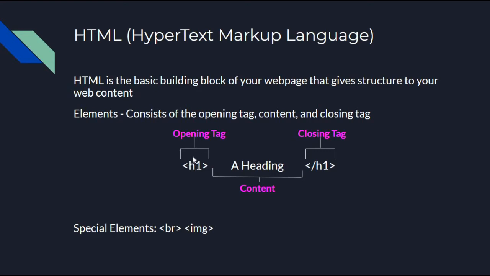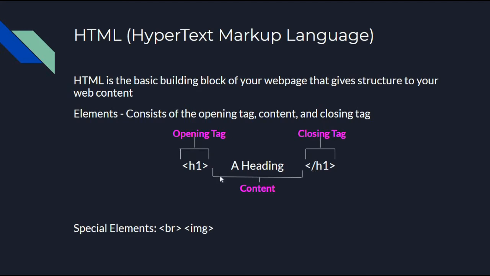So this whole image constitutes an element. An element is made up of the opening tag, which is this h1 contained in angle brackets, and the content, which is this heading, the content you place between the opening tag and the closing tag.